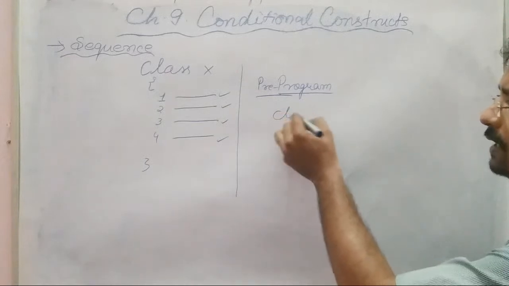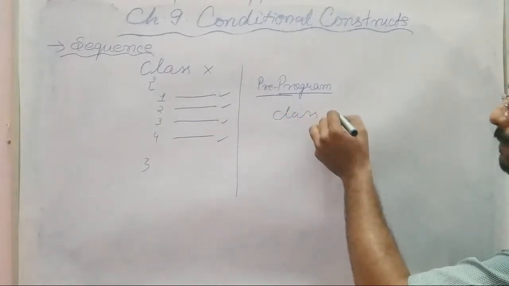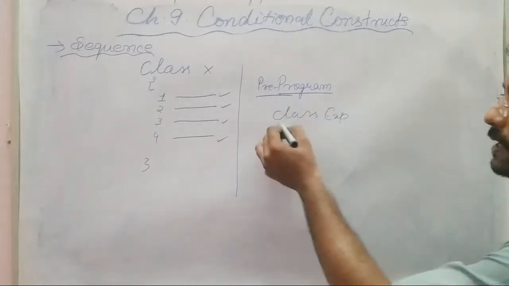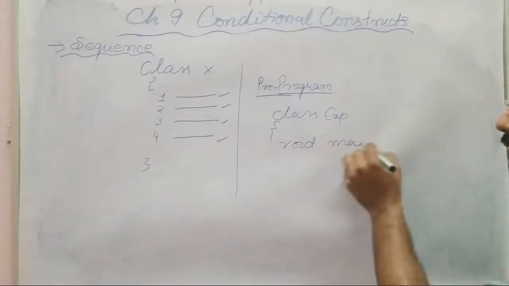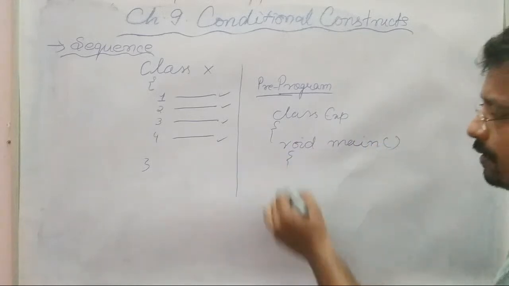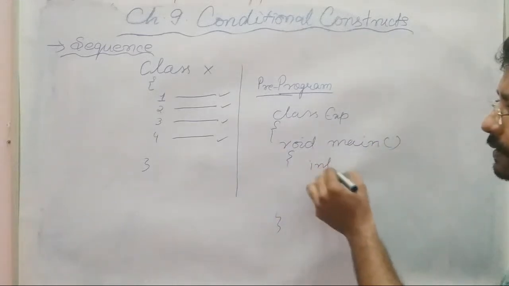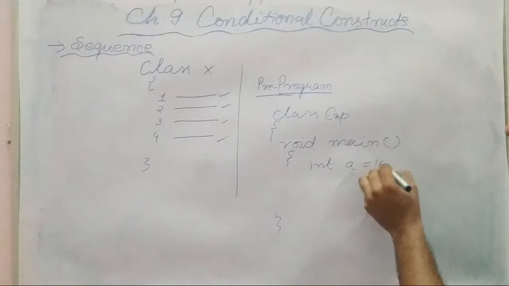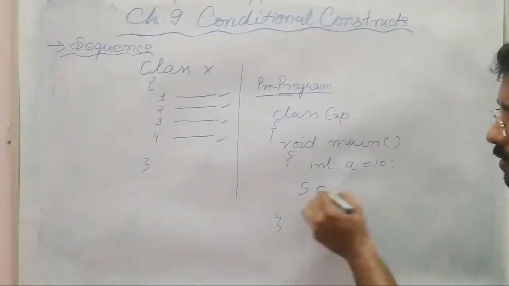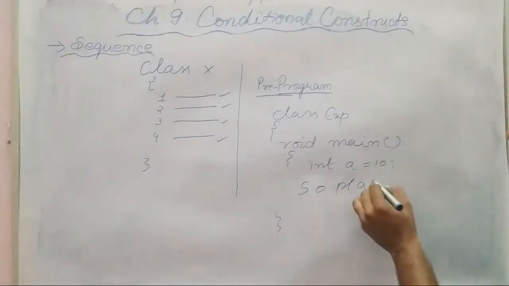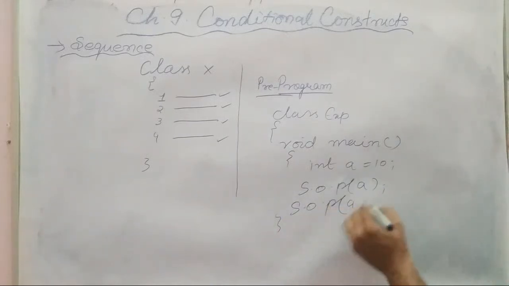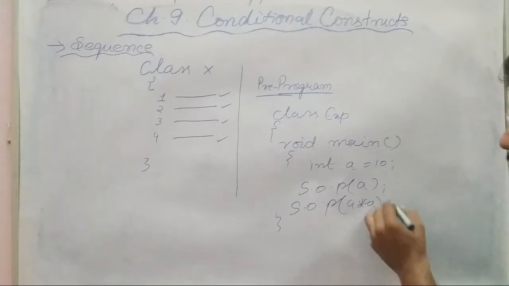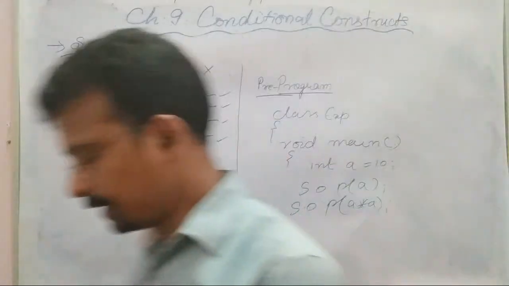Suppose I have written a program, example: void main, integer a equal to 10, system.out.print a, system.out.print a into a. Suppose this program I have written.